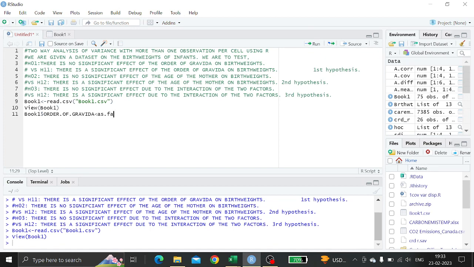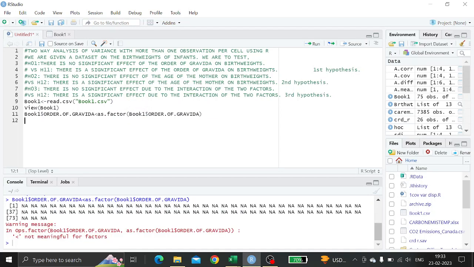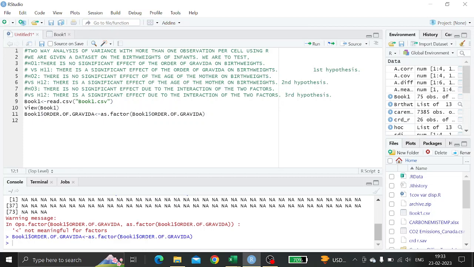We use the as.factor function, and it's very simple.